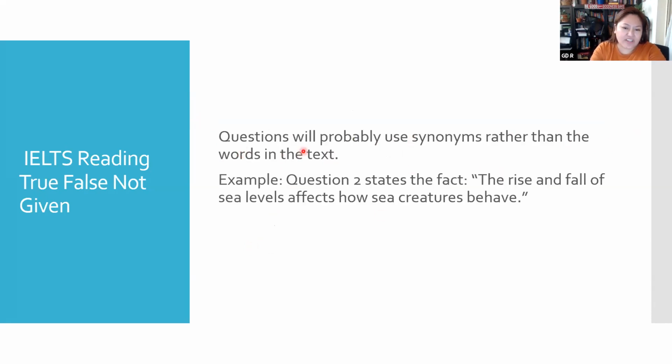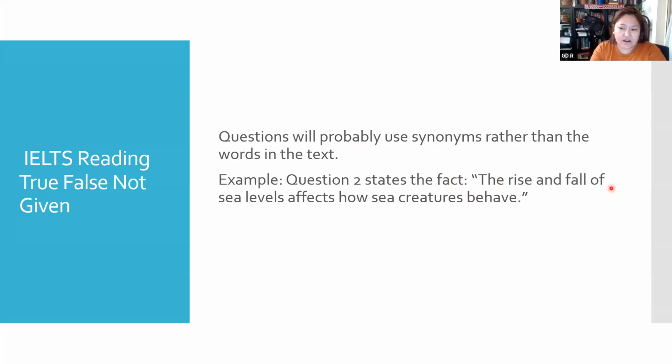So remember that questions will probably use synonyms rather than the words in the text. So another example is, the rise and fall of sea levels affect how sea creatures behave. So let's see if it's true or not given in the passage. Again, I've already pinpointed the passage. So this is the question, class.